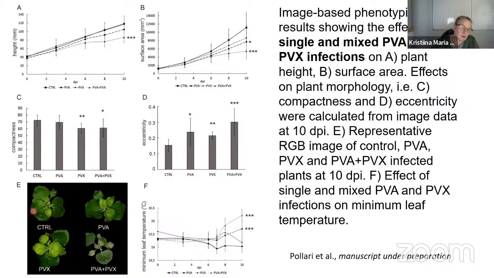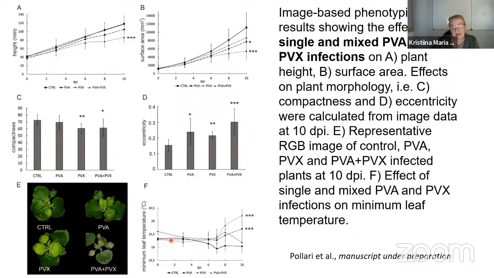Here we have the control plant, a singly infected PVA plant, a singly infected PVX plant, and then this co-infected plant. We see that the compactness is decreasing, and at the same time the oval shape morphology is increased in these double infected plants.